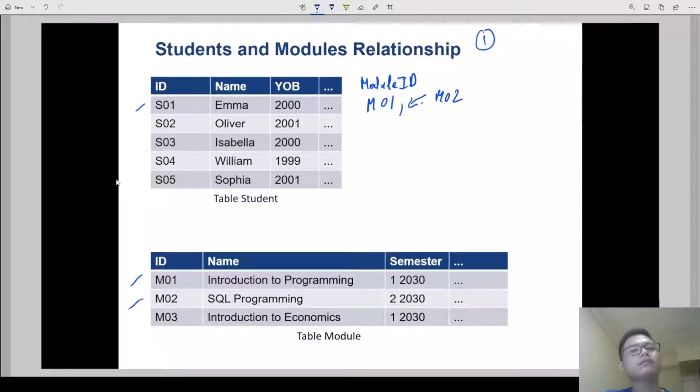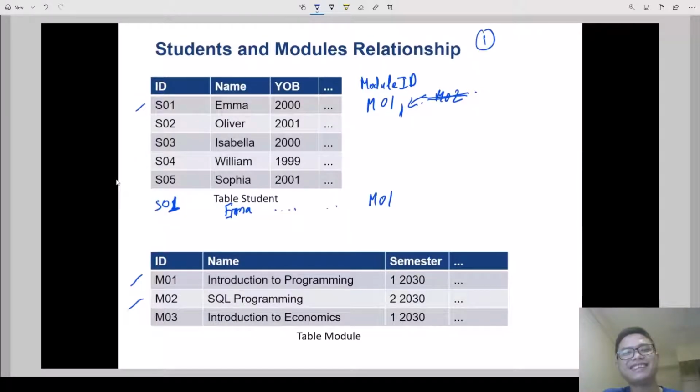M02? No, because it's a foreign key. It's a foreign key, right? So this one cannot. Can we put another row with MR in here? S01, MR, etc., and then M01 in here.